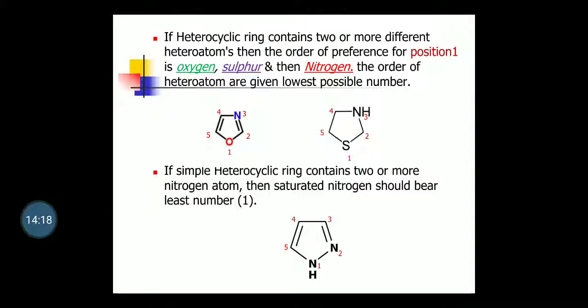Second, if a substituent is present, then the substituent should bear the lowest set of numbers. Third, if there is more than one substituent, they should get the lowest set of numbering. Then by the OSN rule, we decide which heteroatom to start numbering from. And if more than one nitrogen is in the heterocyclic ring, these rules tell which nitrogen gets position 1, saturated or unsaturated. We have to follow all these rules while numbering heterocyclic rings.